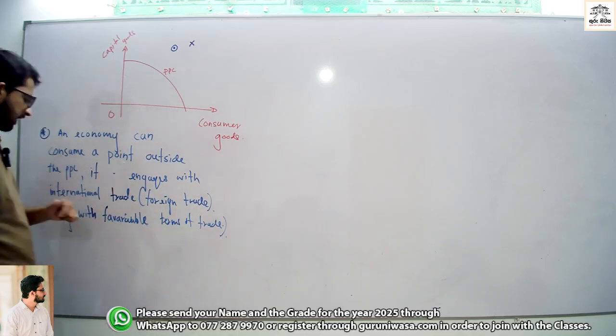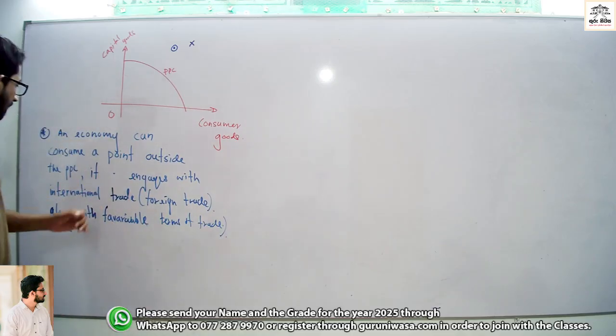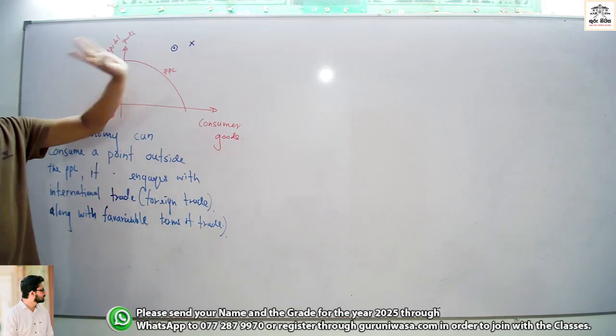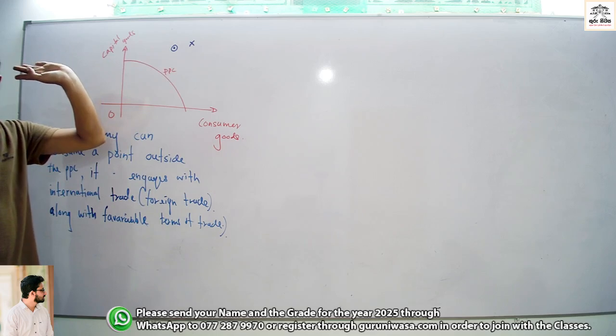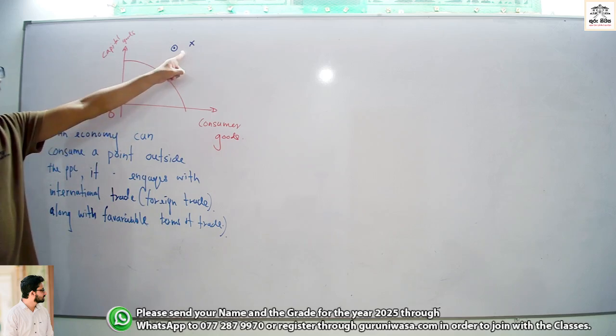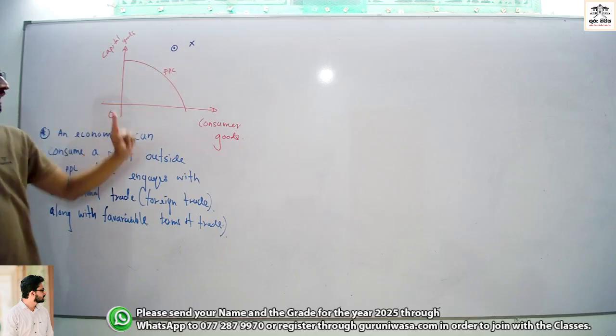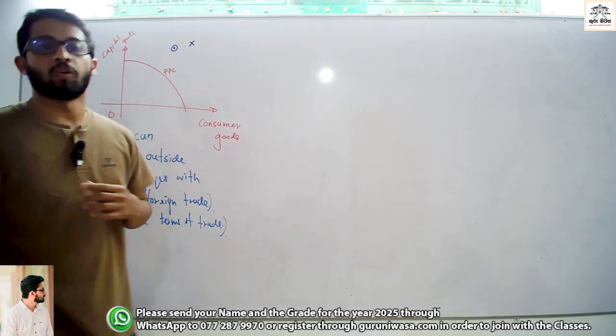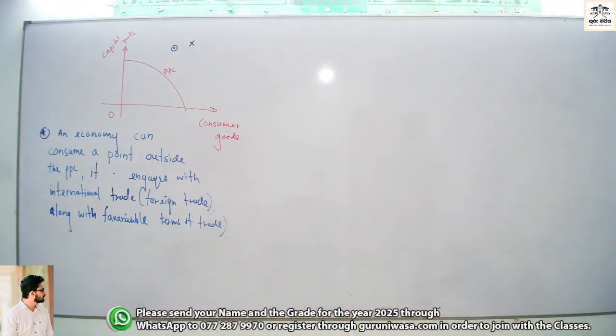Now forget this part, it will be discussed later on. Here remember, any economy can consume, not produce. This point cannot be produced, but they can consume. How? If they engage in foreign trade or international trade with favorable terms of trade, it means that the exchange ratio should be a favorable one.